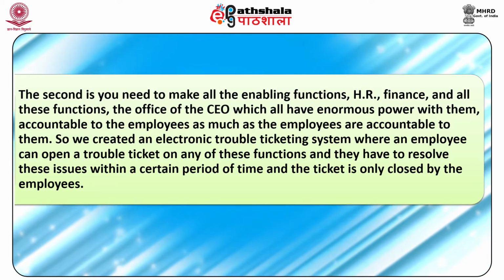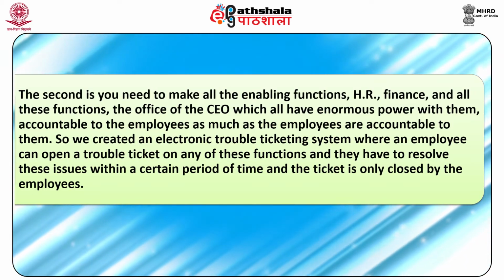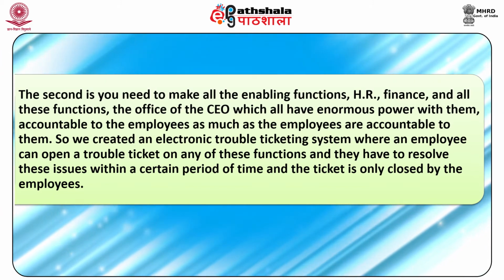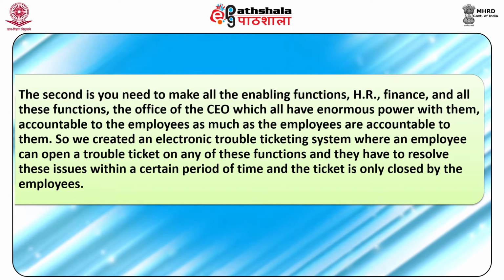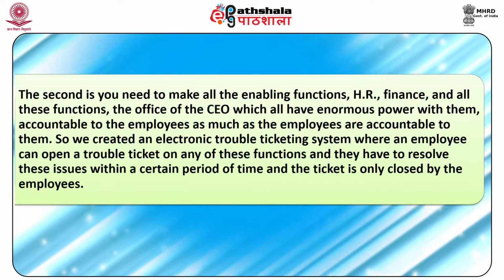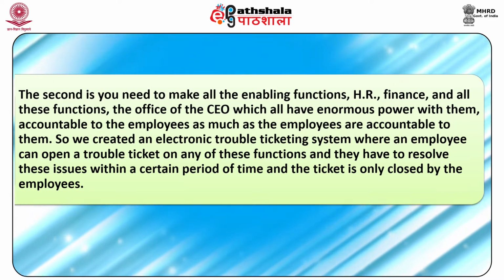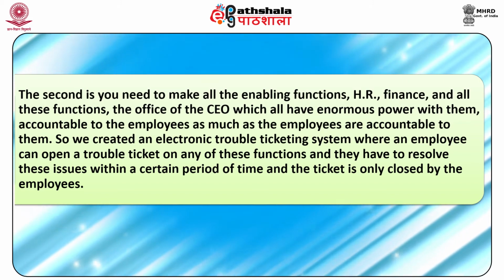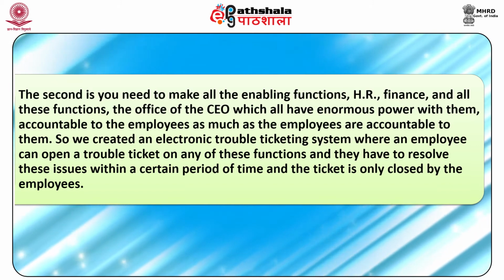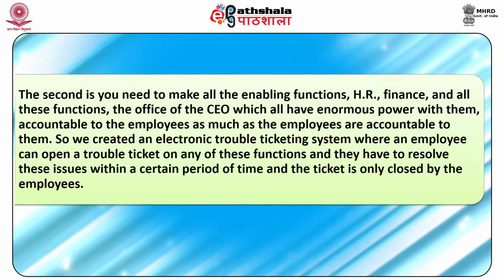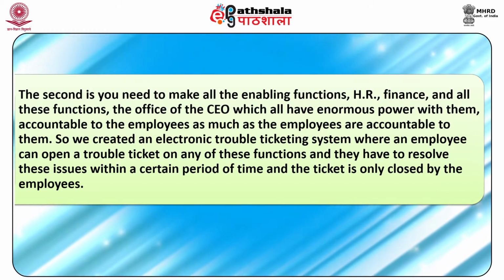2. The second thing you need to do is to make all the enabling functions, that is the human resource function, the finance function, and all other functions, the office of the CEO, which all have enormous power, accountable to the employees as much as the employees are accountable to them.